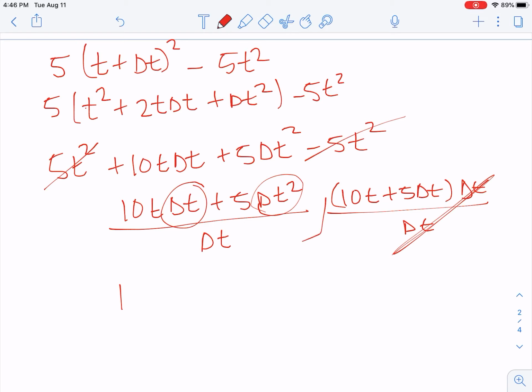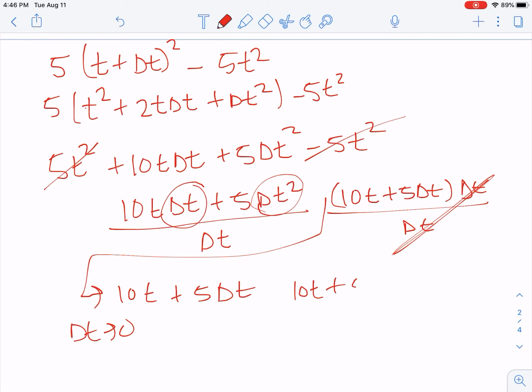So I'm going to take this down here. I have 10t plus 5 delta t. We know that delta t is going to 0, so that really gives me 10t plus 5 times 0. Well, we know that cancels, leaving me with just 10t.